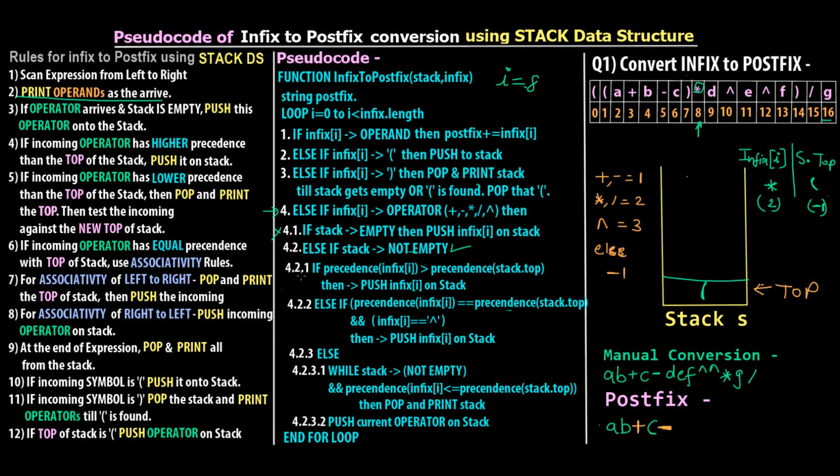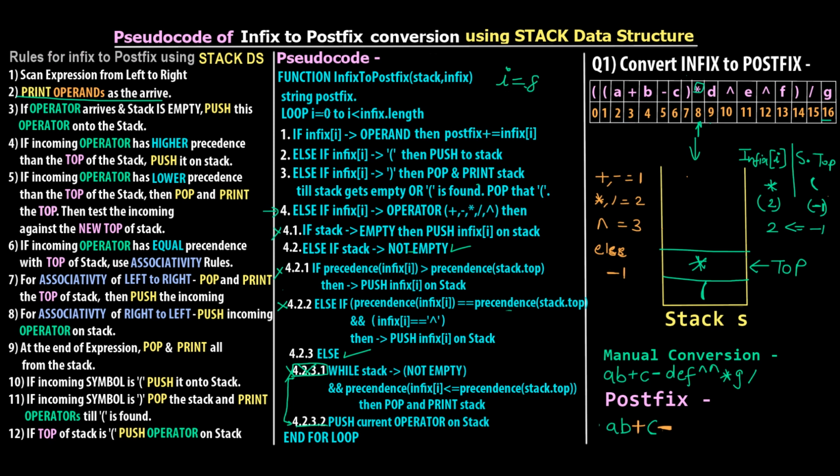So obviously 4.2.1 will be executed, and in this part we simply push the infix of I, which is a star operator, onto the stack because the precedence of this operator is higher than the current top of stack, which is the opening bracket and has -1 precedence according to our implementation. Hence infix of I will be pushed onto the stack, so star operator will go onto the stack and now it will become the top of the stack.